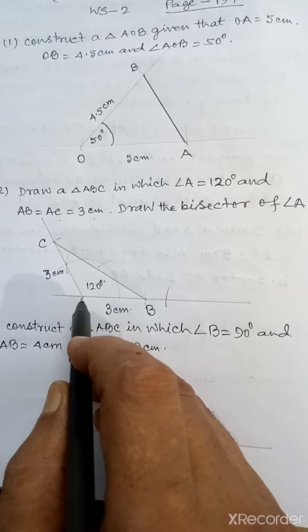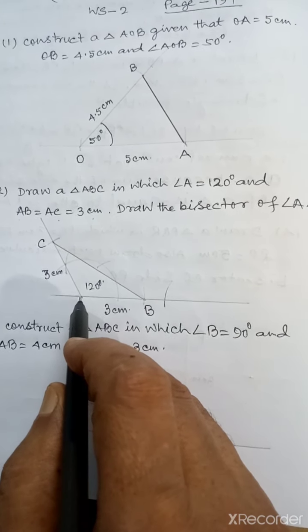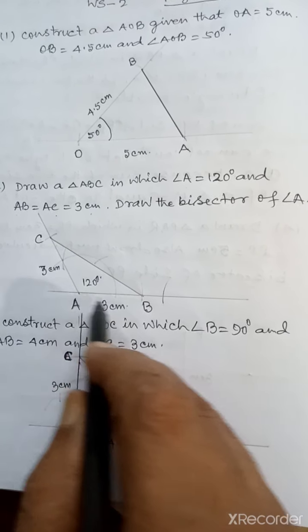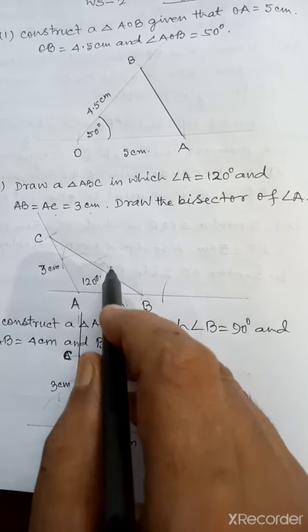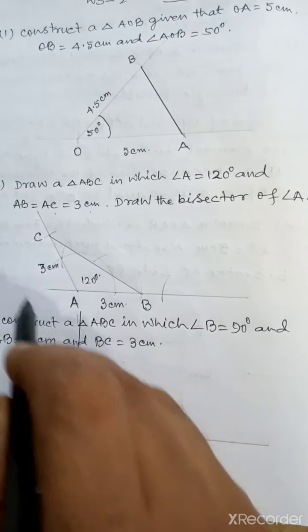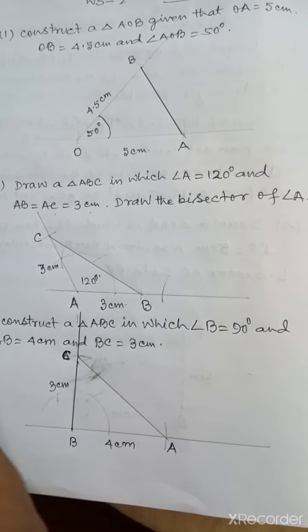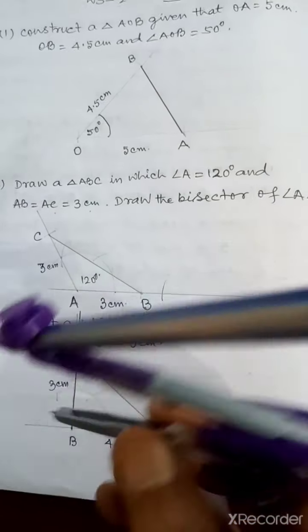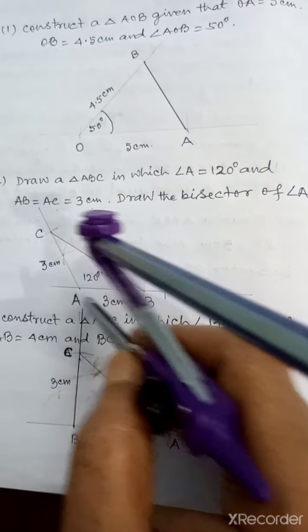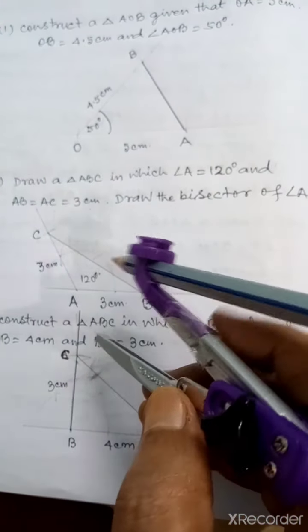With the help of compass, draw 120 degree. One arc is 60 degree, and two arcs, 60 plus 60, is 120 degree. Join AC. ABC is the required triangle.